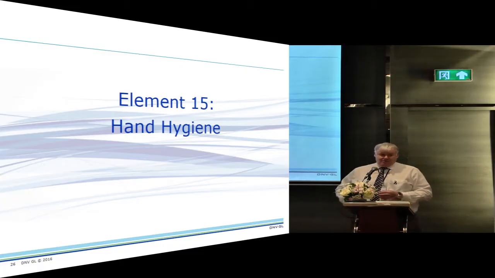Hand hygiene, huge problem. Hospitals struggle everywhere with hand hygiene. Lots of different ways are being invented to try to improve this. And again, the standard says that you will have a program. The program will be systematic. You will measure, you will monitor, but also the elements all interconnect.